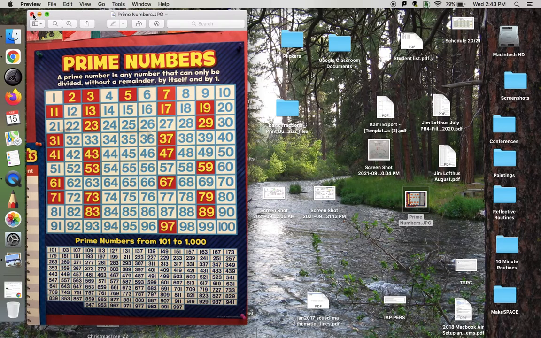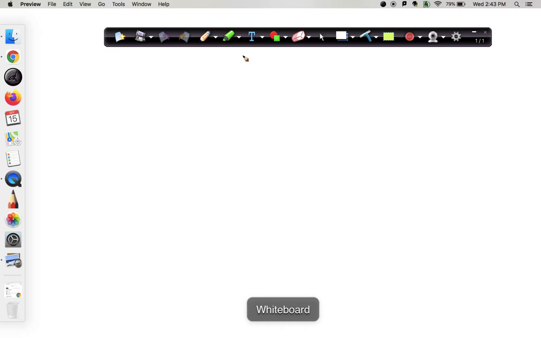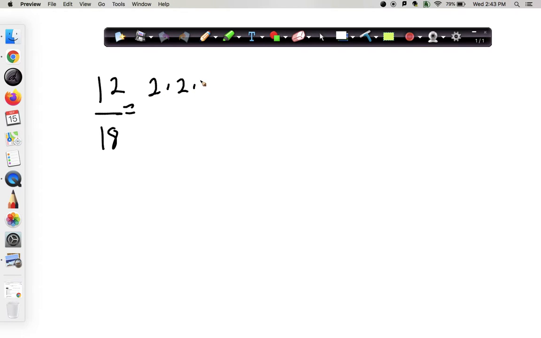So we can use prime factorization in the following way. We can simplify, for example, 12/18. If we can find the prime factorization, so 2 times 2 times 3, those are all the prime numbers that multiply together to equal 12. And then 2 times 3 times 3.